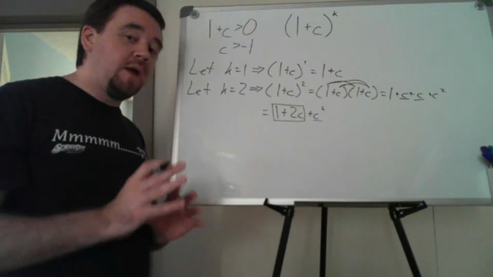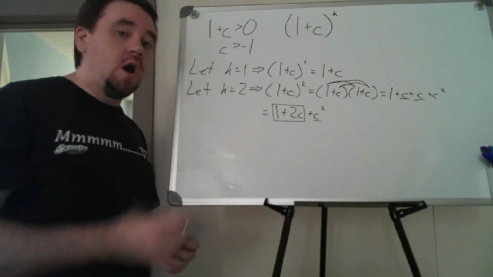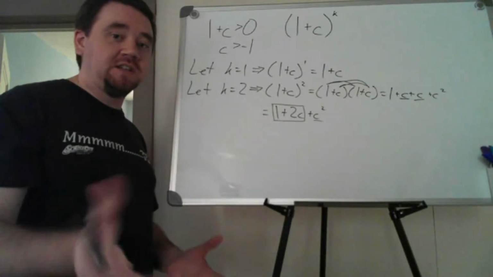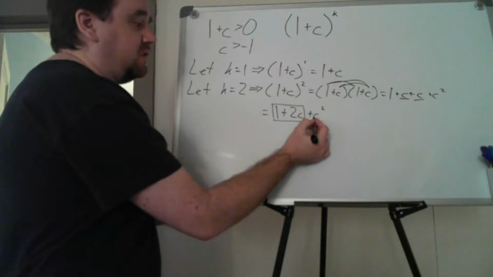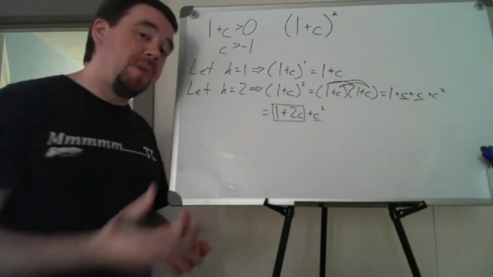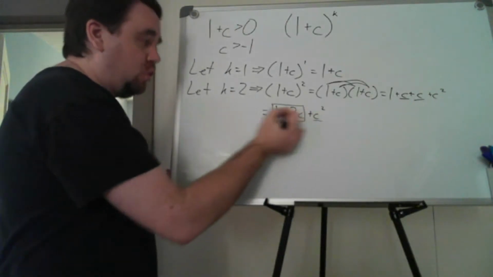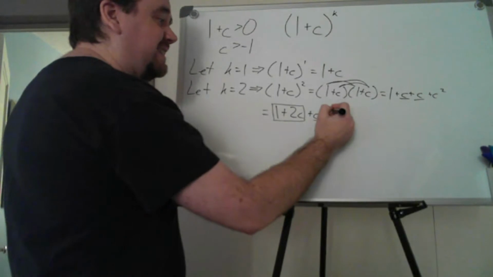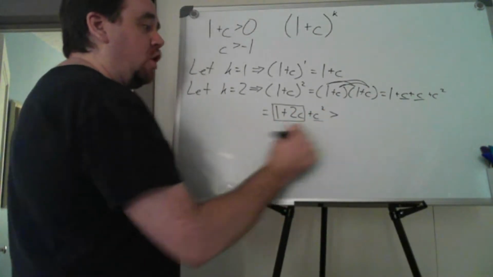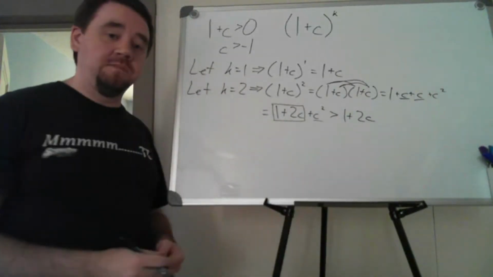But square any negative or any positive number and you always get a positive number. Positive times a positive is always positive, but so is negative times a negative. In other words, no matter the value of c, c squared must be a positive value, which means I'm adding something to 1 plus 2c that will make it bigger, which means I can say this must be true. This must be greater than 1 plus 2c.